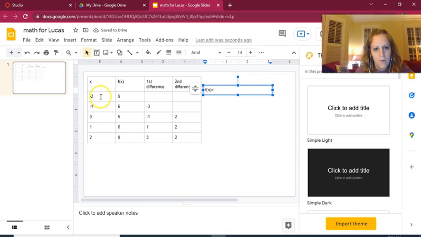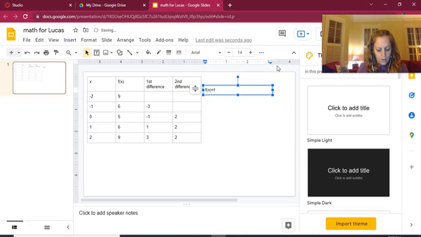So like if we have 9 and we want to find 6, or we want to find the next one after, we want to find the 3 value down here. What number do we write down here? We go backwards. We find 9 and we do something to 9 to get the number down here.